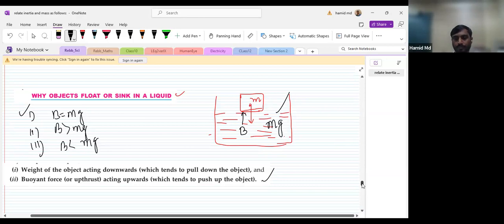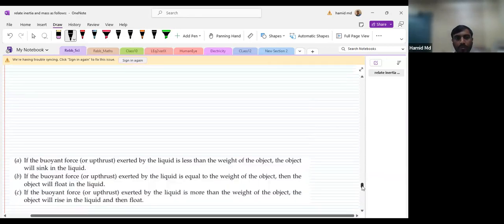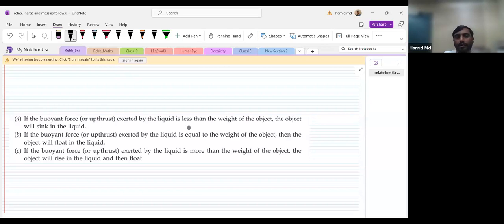Okay, these are the three situations we already discussed. If the buoyant force exerted by the liquid is less than the weight, then the object will sink in the liquid. If the buoyant force exerted is equal to the weight of the object, then the object will float.